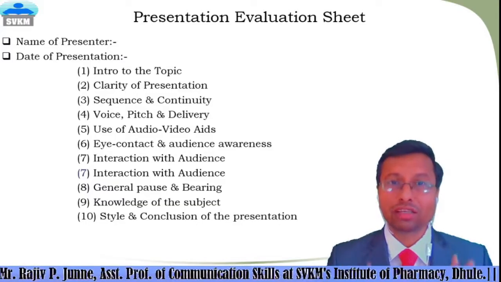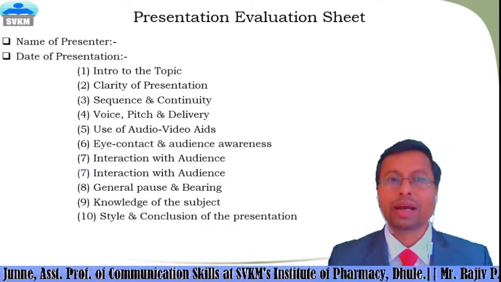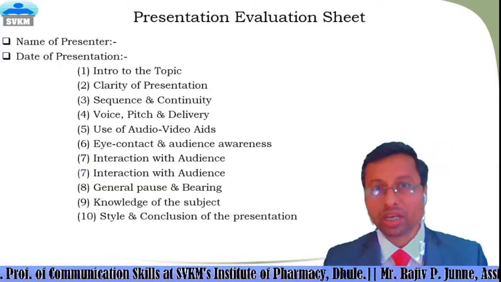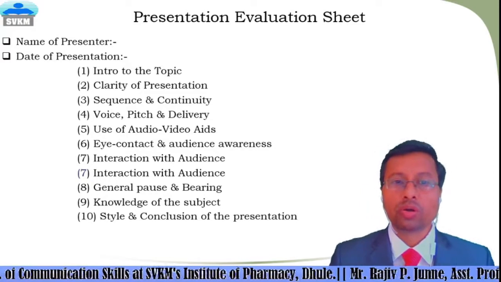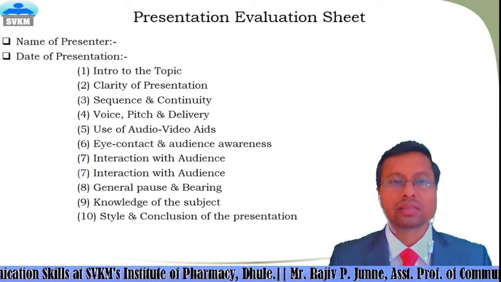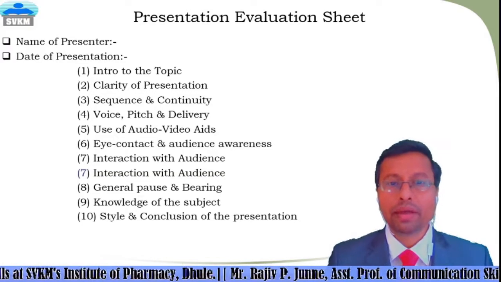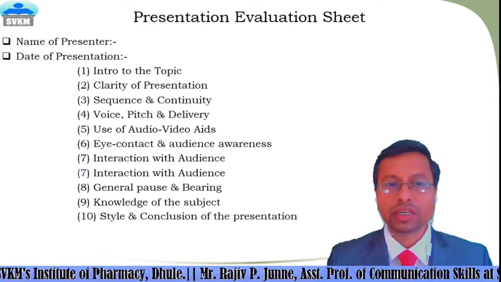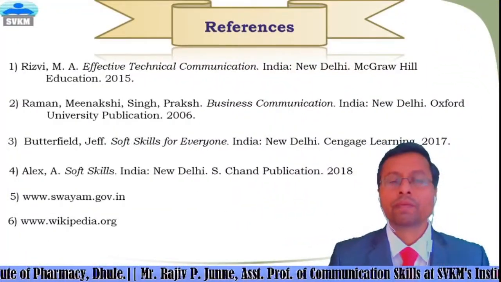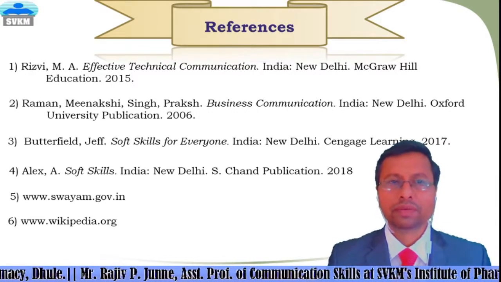I do not say that these points must be there. These are general points which can be there: introduction to the topic, clarity of presentation, sequence and continuity, voice, speech and delivery, use of audio and video aids, eye contact and audience awareness, interaction with your audience, general pauses and pacing, knowledge of the subject, and style and conclusion of the presentation. These are the parameters on which your presentation evaluation sheet can be generated.